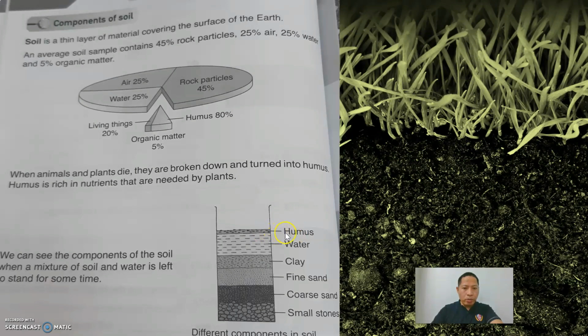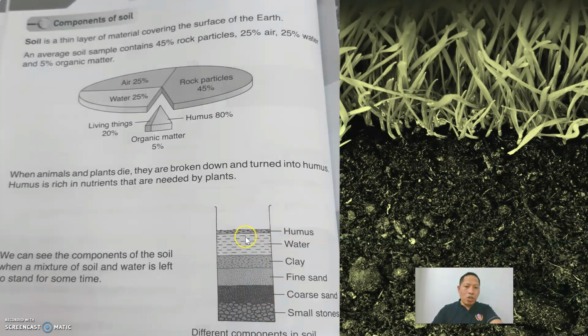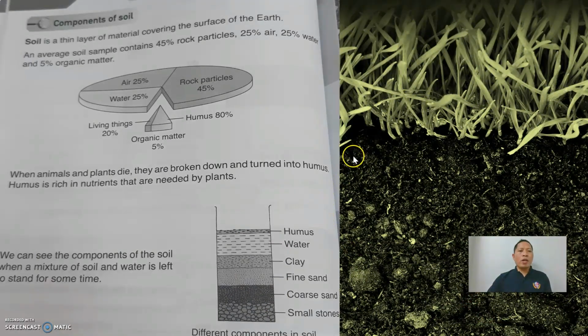So we all know that humus is dead plants and animals, so it belongs to the top layer of the soil. And we can see small stones underneath or below the soil. How many layers are there? 1, 2, 3, 4, 5, 6. 6 layers of soil.